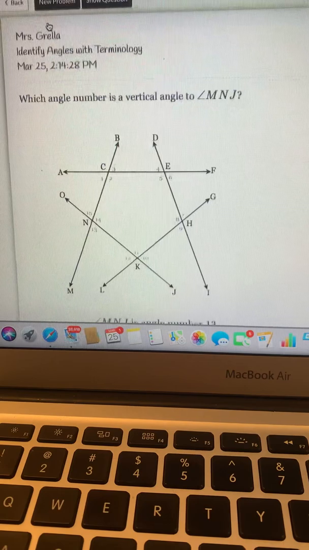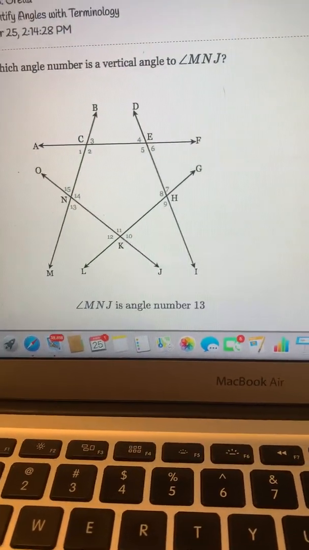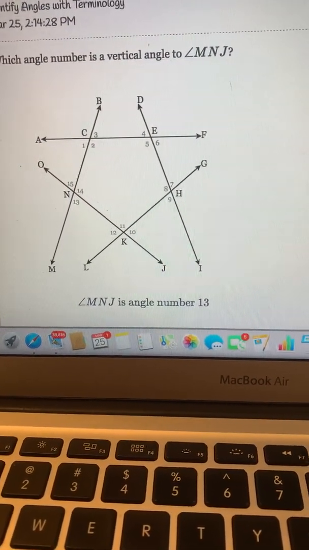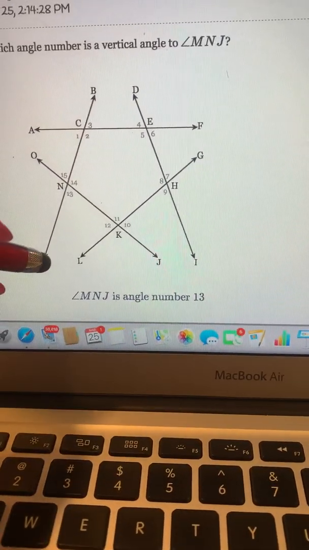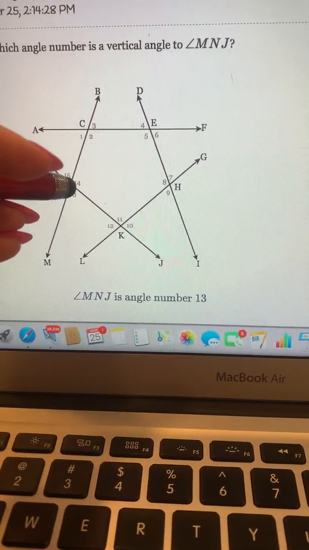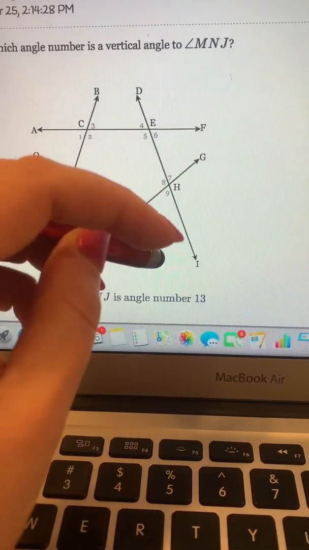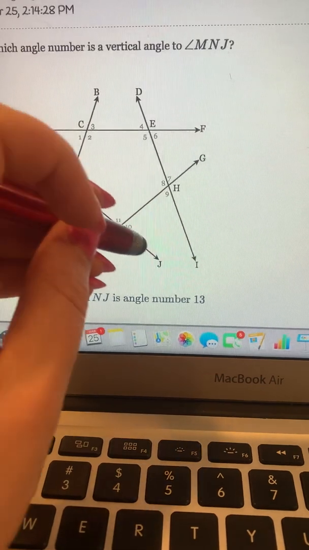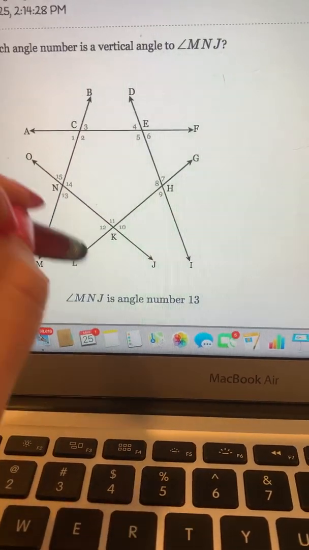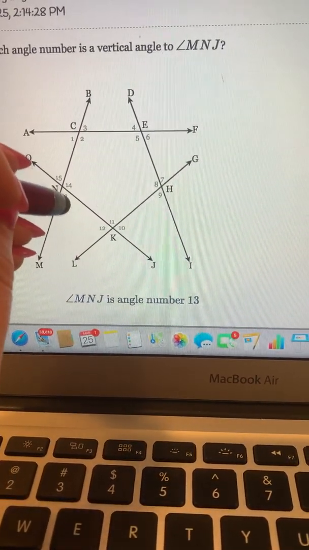This is another question they could ask: which angle is vertical to angle MNJ? So again, MNJ, we would go from M to N to J, which is over here. Let's do that again. M to N to J. So that's angle 13. So who would be vertical with it?